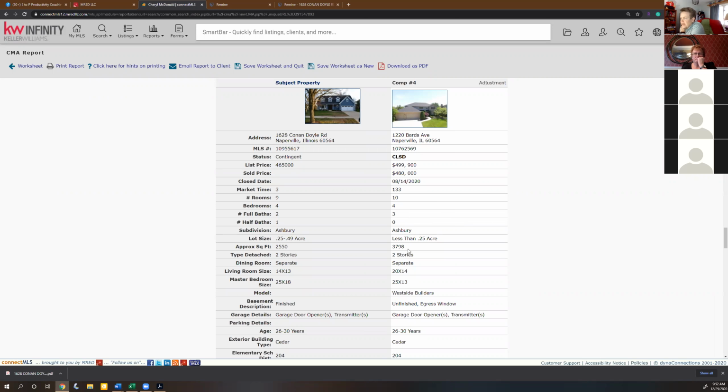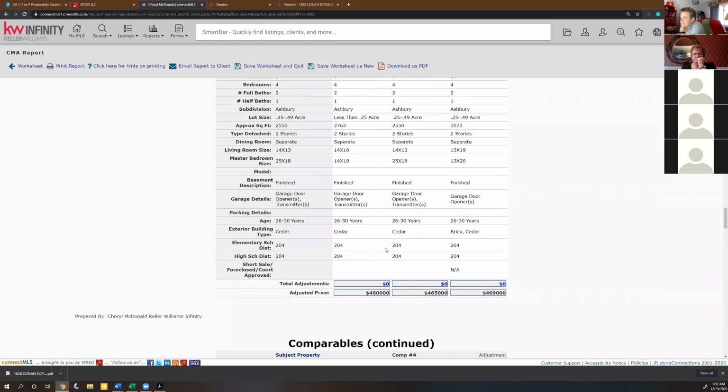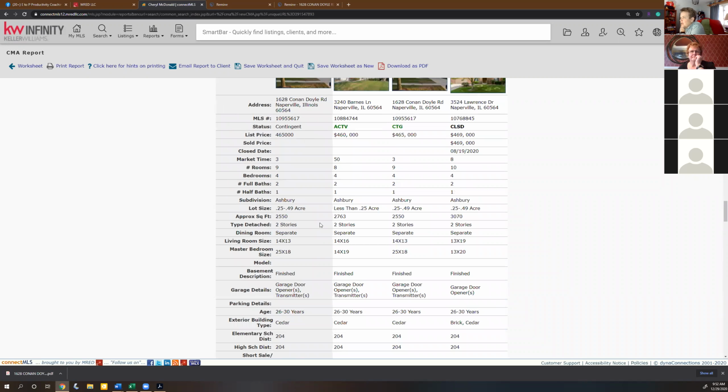Okay. It also has a much higher square footage. Hmm. So these look like they were all built around the same time. So it looks like our house is smaller than everybody else's. You see that right here, approximate square footage, 2,550. So I could take one of the closed and get my best guess at an average price per square foot.